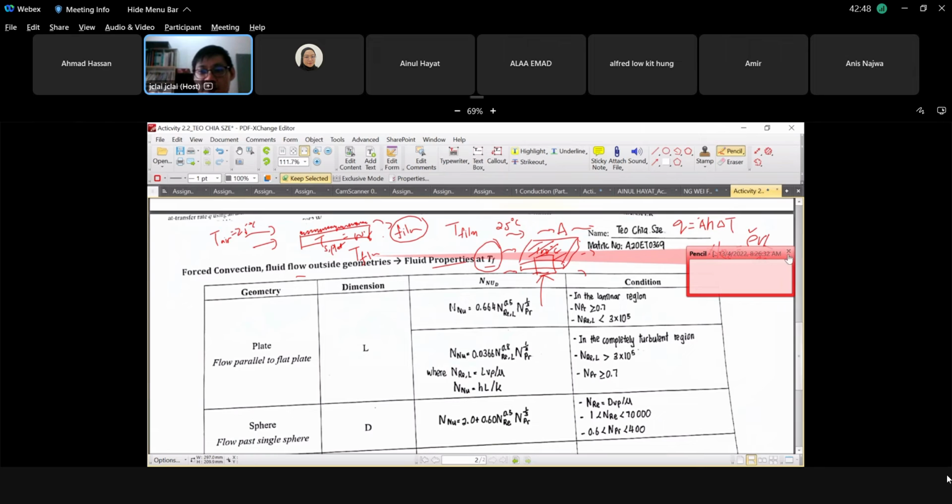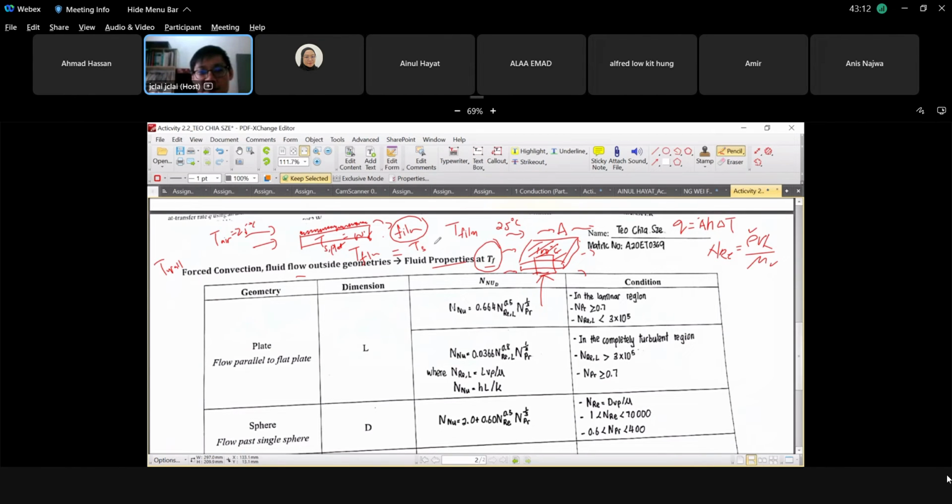Okay, and what is the formula for T film? It is actually similar to the T bulk average. For the case of internal flow, that is T surface of the plate, in this case T surface or T wall. Normally people call that T wall. Okay, because it's the surface, right?